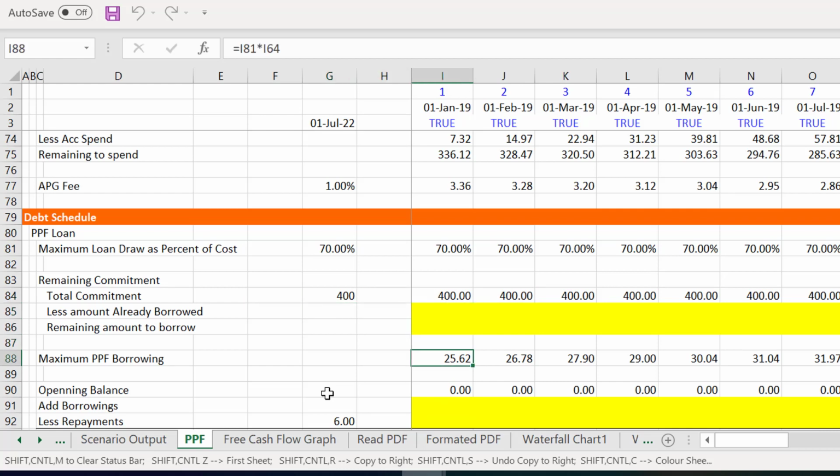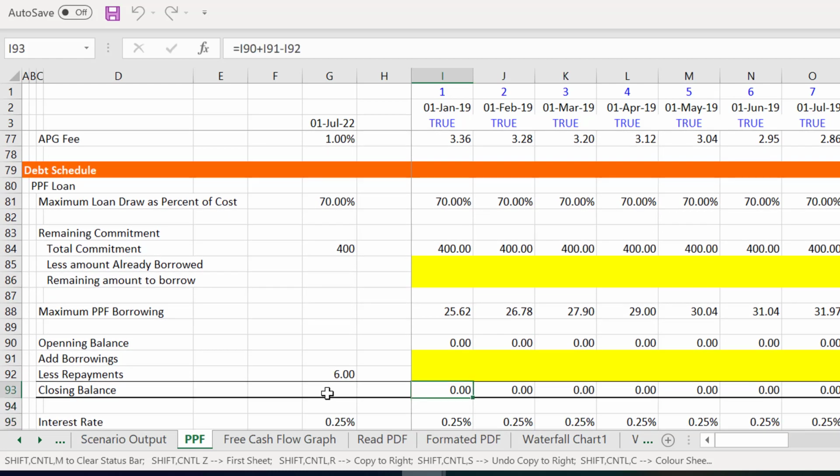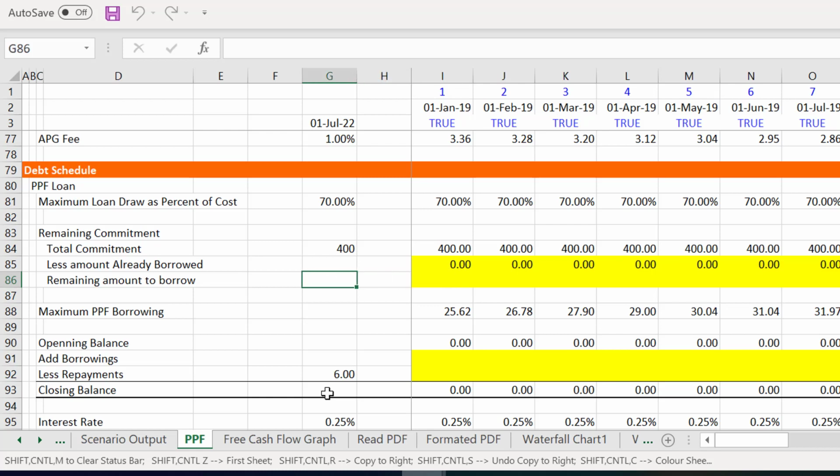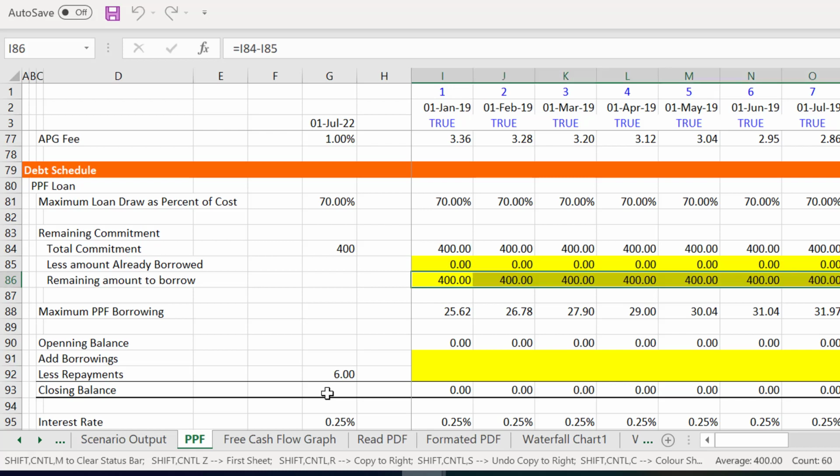So I'm going to see how much money we can still borrow. To do that, you go down to the opening balance to get the amount you can actually borrow. And then you see how much I have left to borrow. So this is the amount of the commitment, the amount you've already taken, and you need this for a minimum function below.